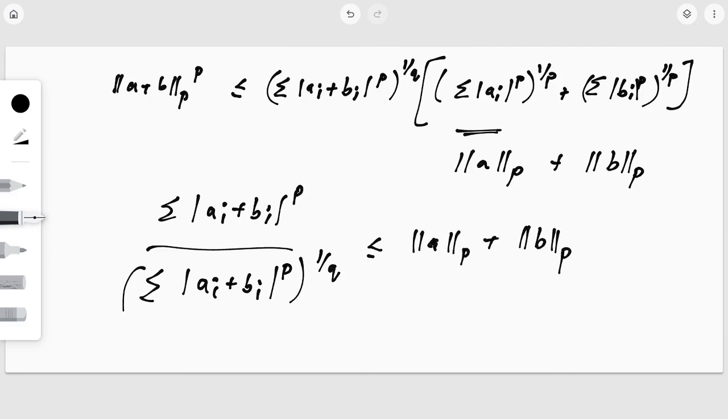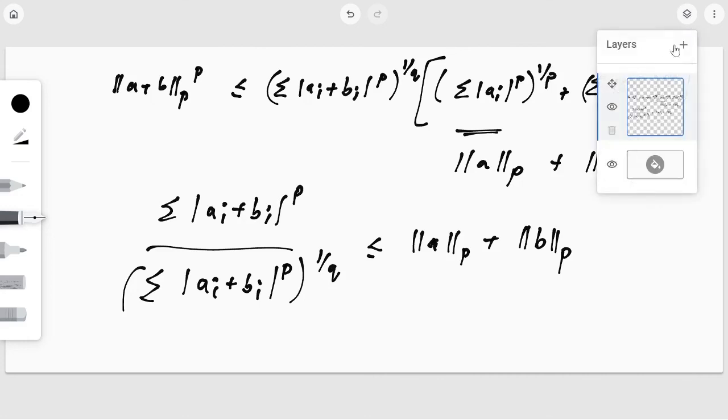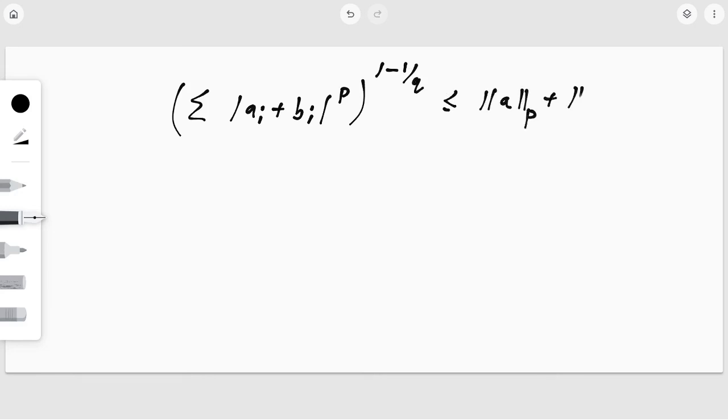Now simplifying this, these both the terms are same, so this will become summation mod ai plus bi whole raised to p to the power 1 minus 1 by q, less than or equal to norm p of a plus norm p of b.